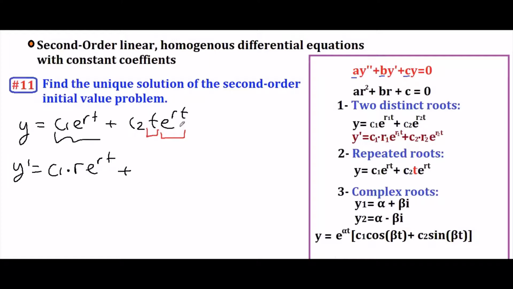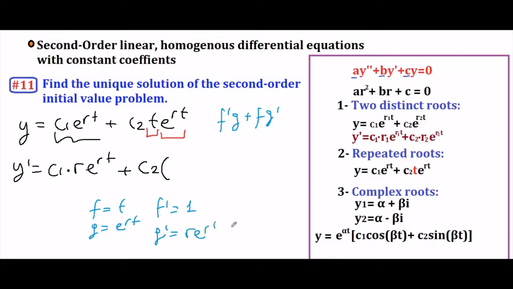So t and e to the rt are our two functions, and c2 is the constant that we can pull out. When we apply the product rule, f prime times g plus f times g prime, in our case our f is t and our g is e to the rt. Then our f prime, the derivative of t, is 1 with respect to t, and the derivative of g will be r e to the rt.